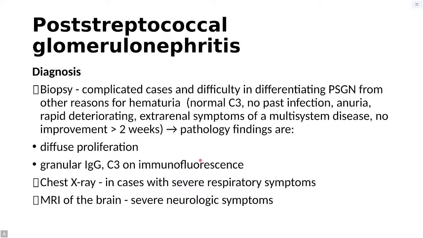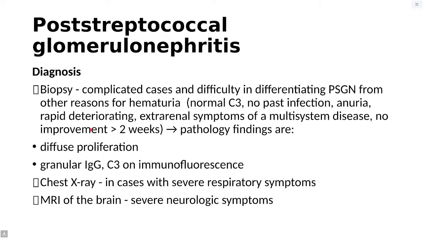What about biopsy? It is for complicated cases and difficulty in differentiating post-streptococcal glomerulonephritis from other reasons for hematuria. These are: normal C3, no past infection, anuria, rapid deterioration, extrarenal symptoms of multi-system disease, and no improvement after more than 2 weeks. These are clinical symptoms for other reasons for hematuria.